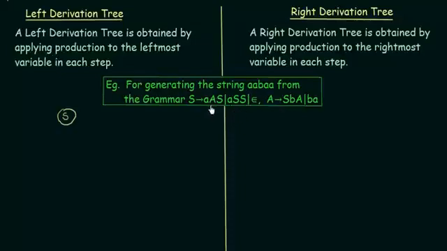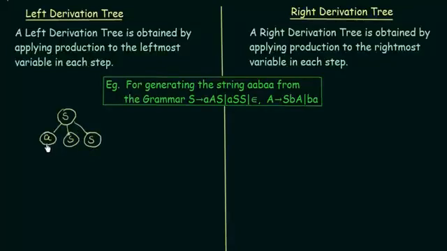I am not choosing this one, because if I choose that production, I get a capital A over here, and from capital A it is difficult to get a again in the next step, and I want to get a even in the next step. That is why I am choosing this one. So what will be the children that I get for this root vertex? They will be a, S and another S. Okay, so I get this.